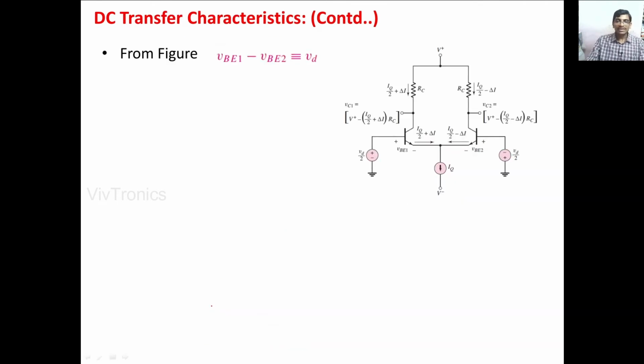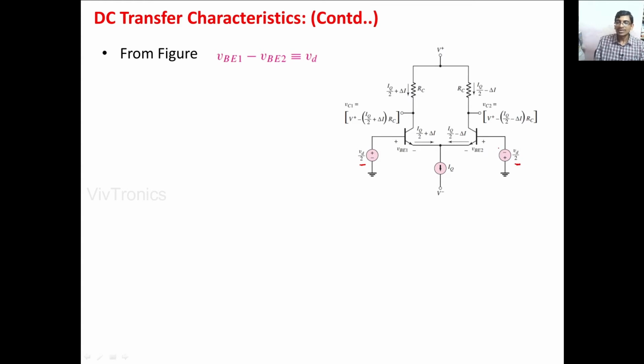Okay, so from the figure we can say VBE1 minus VBE2 will be equal to VD. Here I am assuming my circuit is working in differential mode of operation, so the two input voltages must be different. So here the input voltage 1 is VD by 2 and the input voltage 2 is minus VD by 2.